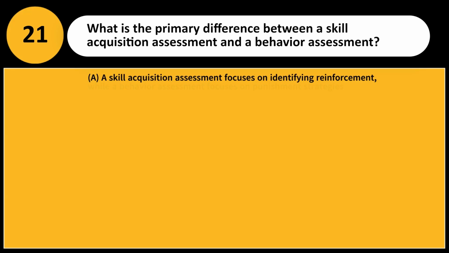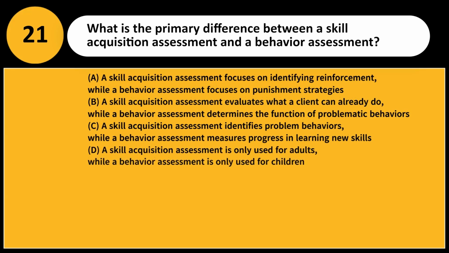What is the primary difference between a skill acquisition assessment and a behavior assessment? A. A skill acquisition assessment focuses on identifying reinforcement, while a behavior assessment focuses on punishment strategies. B. A skill acquisition assessment evaluates what a client can already do, while a behavior assessment determines the function of problematic behaviors.